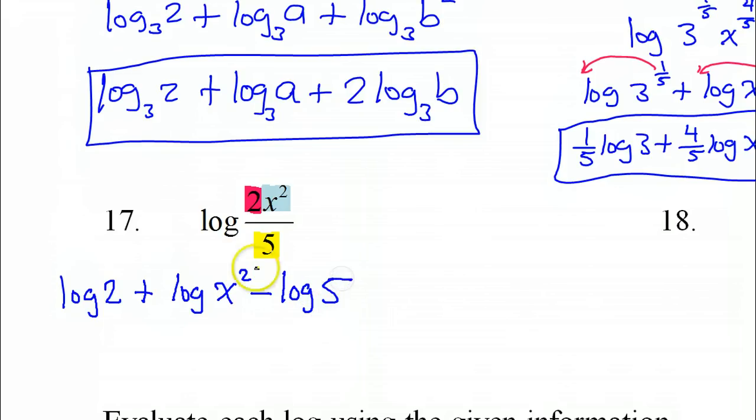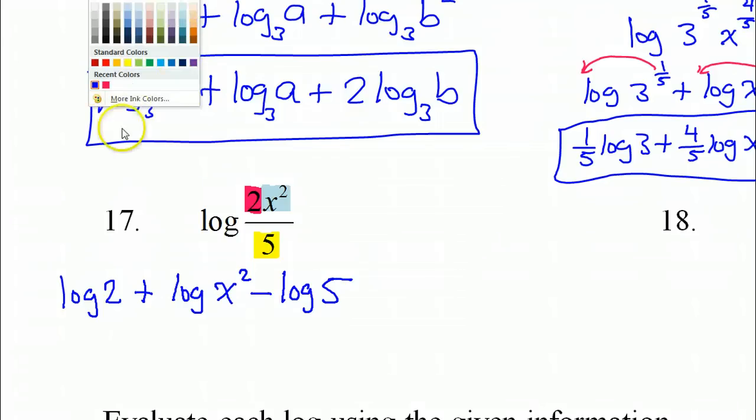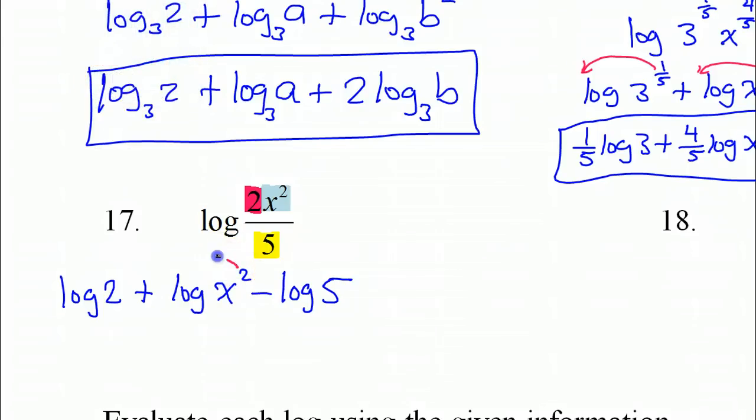That's what you do. Now, any exponents go to the front. There's only one exponent. This 2 is going to come to the front. So the final answer will be log 2 plus 2 log x minus log 5.